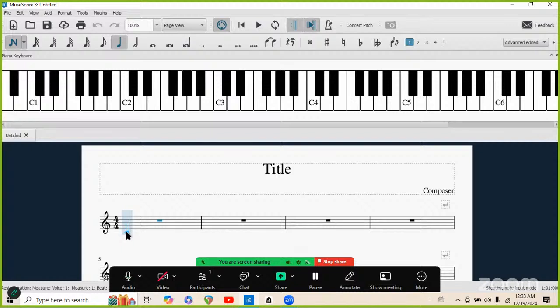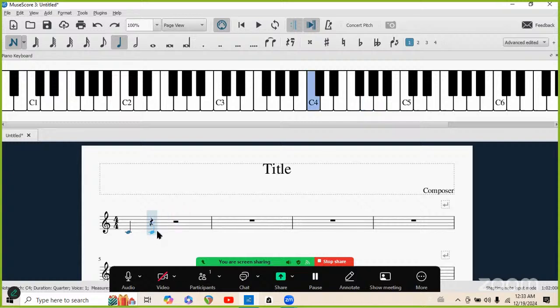Now, the first note we're going to put here is our C. That's what C looks like. Next note we're going to put here, not G, I beg your pardon. We went too far.